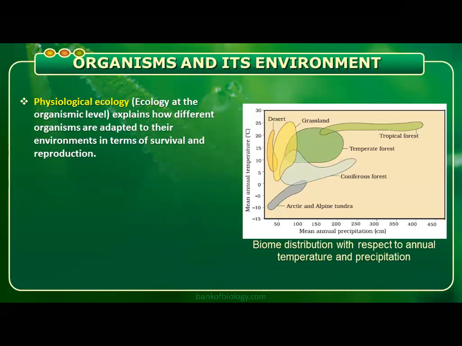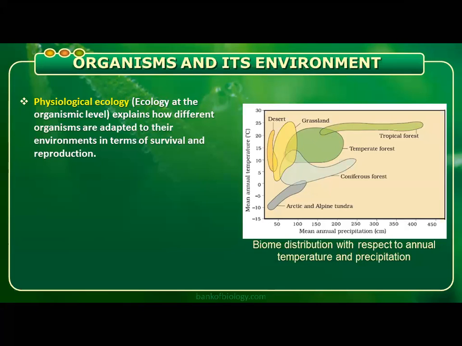Physiological ecology, or ecology at the organism level, explains how different organisms are adapted to their environments in terms of survival and reproduction.